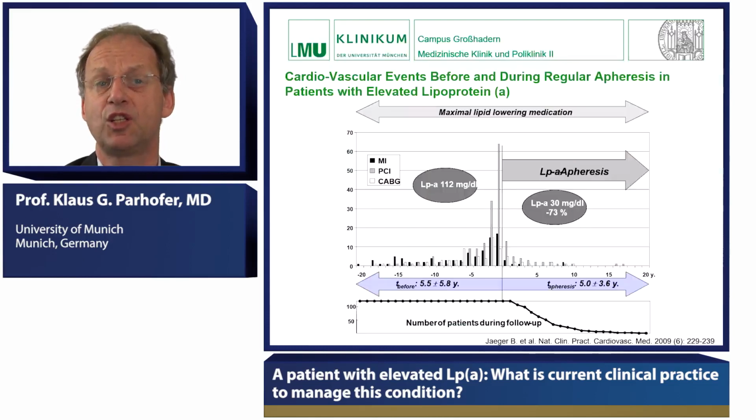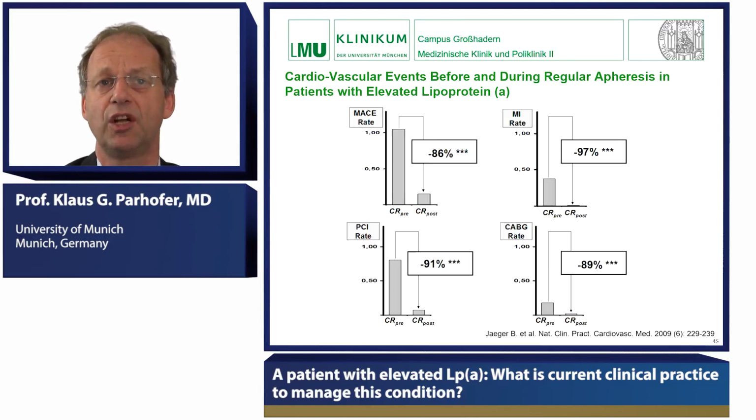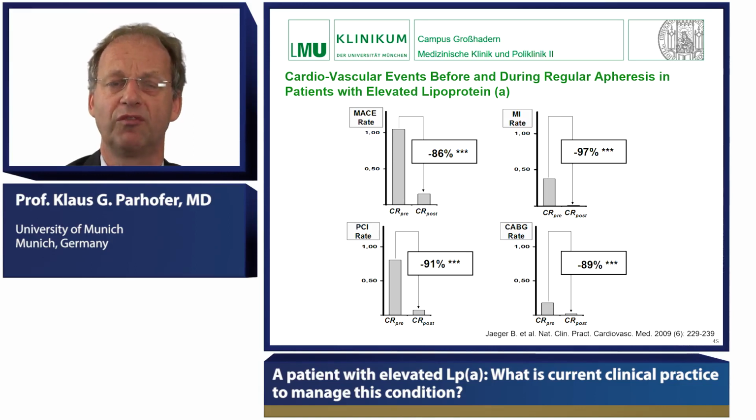And this is shown here, where you can see that before the apheresis, there was a high number of events, and then after apheresis, the number went down. If you translate that into risk reduction, you can see that there's a dramatic risk reduction, but you have to be a bit careful because it's really looking at events after the initiation of apheresis and comparing it to the period before apheresis.